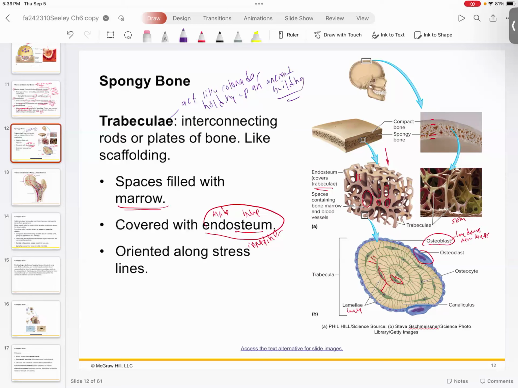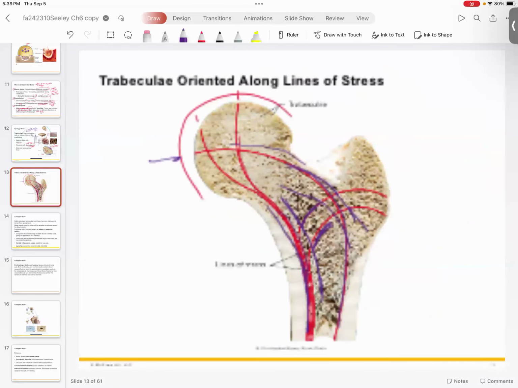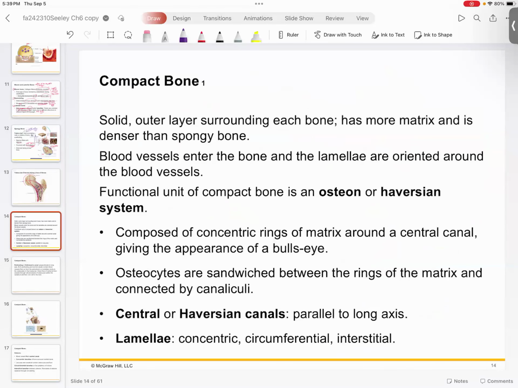The idea of a colonnade or a column is that when you architecturally build a column, you put the column right where the stress point, or where the weight, is being applied. You don't want to build a column where the weight being applied is not over the column. You want the weight applied right on the column, right on the stress line, so that you can hold up the roof. That's exactly how the trabecula are arranged inside your bones. Okay, so that is spongy bone.